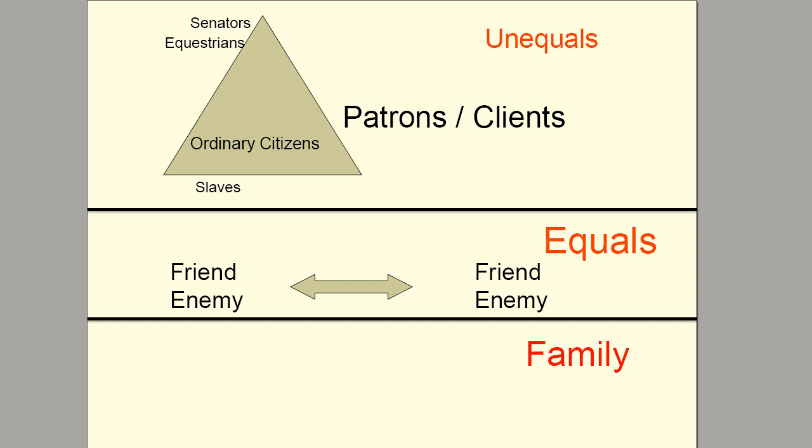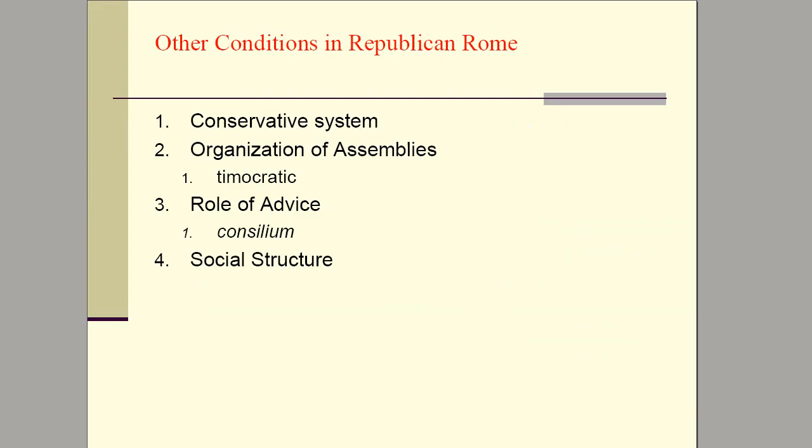So when Polybius talks about the different systems in place, I want you to keep in mind the social dimensions of Roman government. And I also want you to keep in mind some of the caveats that I gave you about the way government itself was organized.